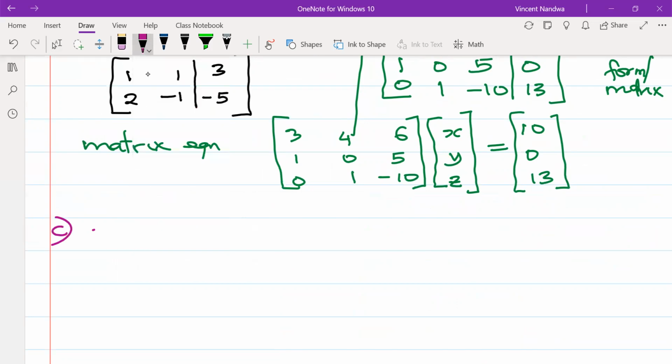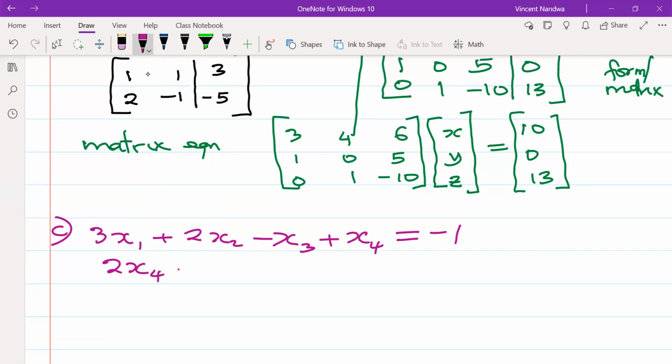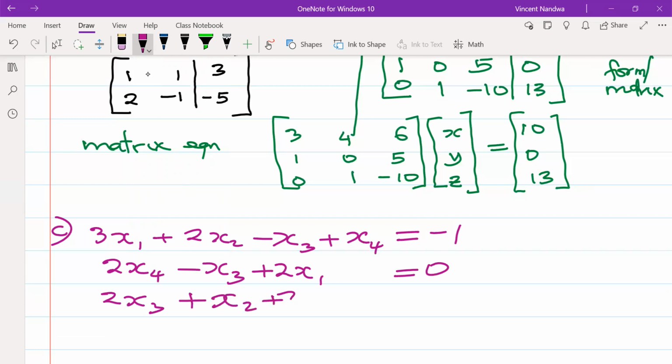The system is 3x1 plus 2x2 minus x3 plus x4 equals minus 1, 2x4 minus x3 plus 2x1 equals 0, 2x3 plus x2 plus 3x1 plus 5x4 equals 2.